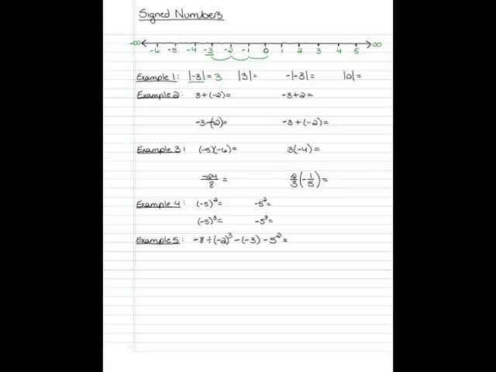Using the same logic, the absolute value of +3 is also 3. Now, this next example, we have the opposite of the absolute value of -3, which would be the opposite of 3, or -3. And last of all, the absolute value of 0 is simply defined as 0.